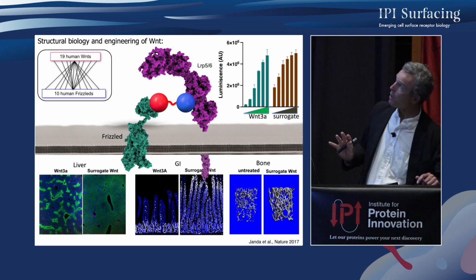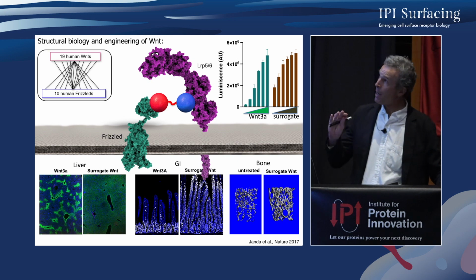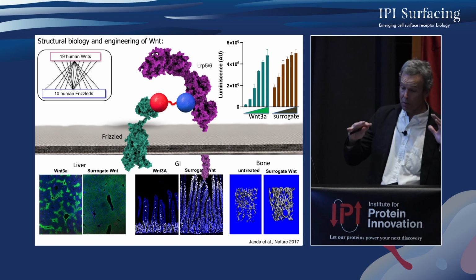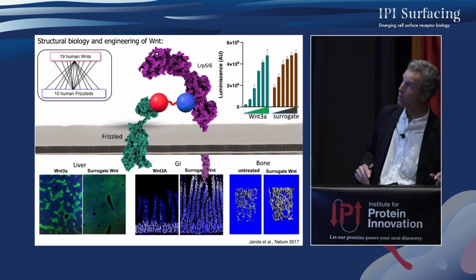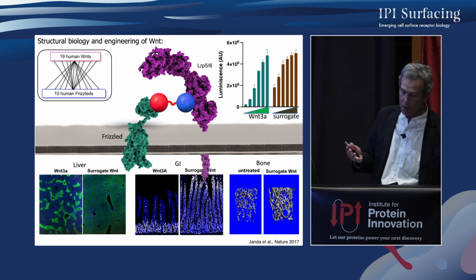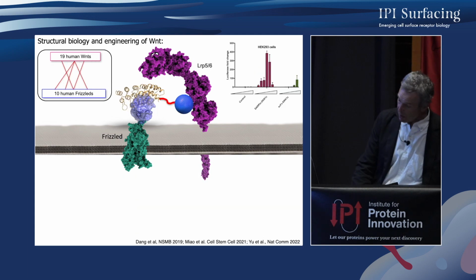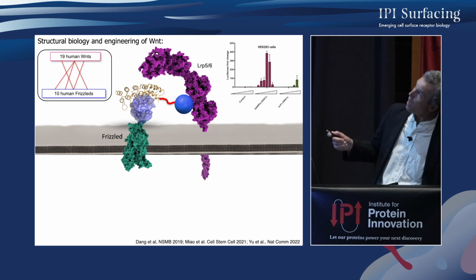The problem with this molecule is that it was pan-reactive with all the frizzleds. There are 10 frizzleds, and different frizzleds are expressed in different tissues to different degrees. So if you really want to use a Wnt surrogate agonist as a drug, you're going to need some type of tissue specificity. So we wanted to make molecules that could narrow the specificity to individual frizzled subtypes.